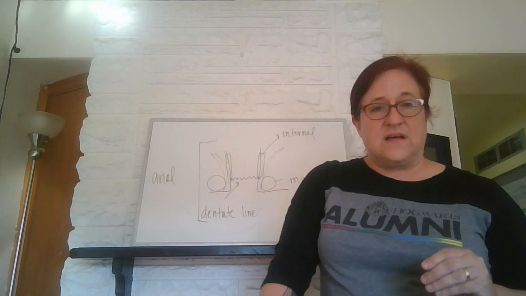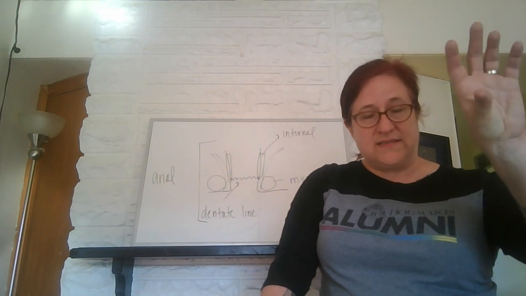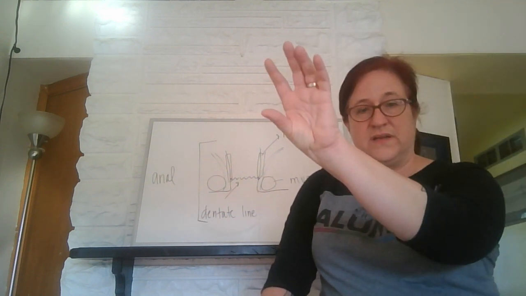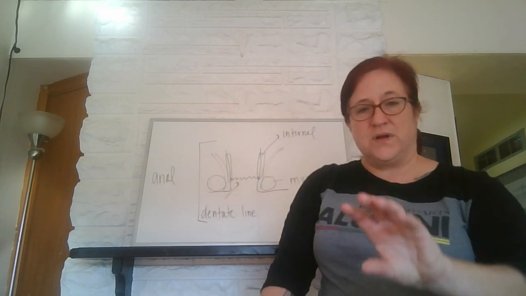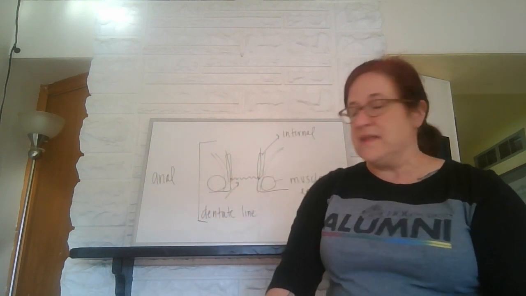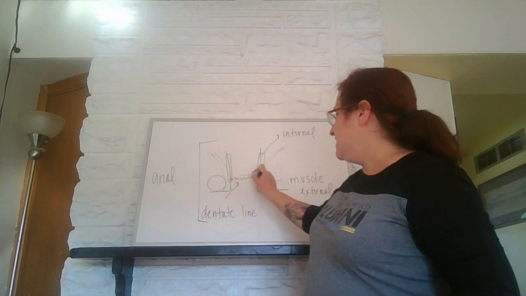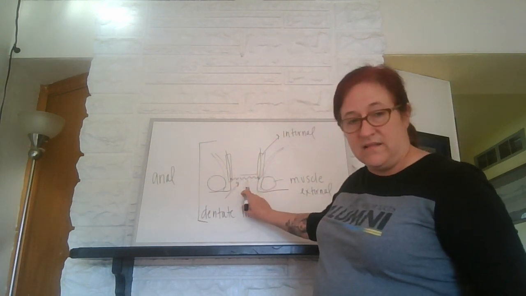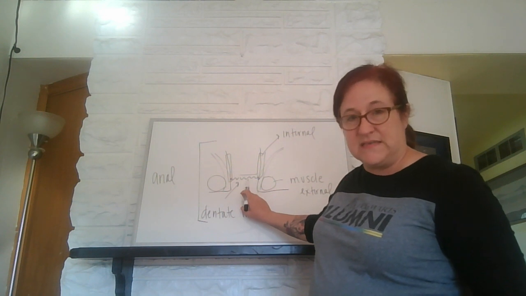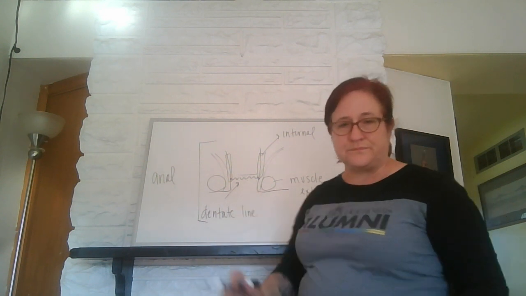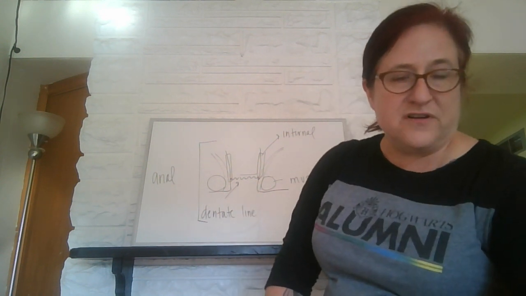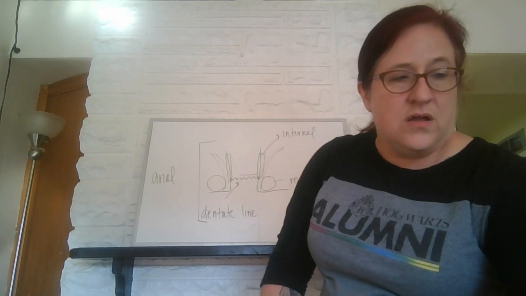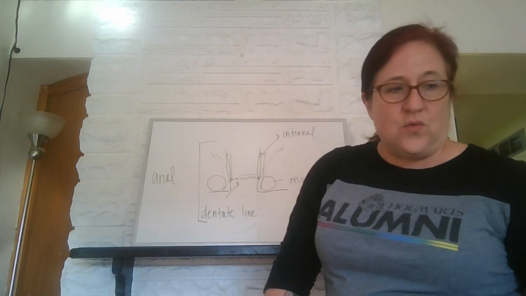The colon itself is the ascending colon, the right side of the colon, transverse colon, descending colon, sigmoid colon into the rectum. The end of the rectum is here at this dentate line, and then the rest is the anal area. It's a separate type of tissue with separate functioning.